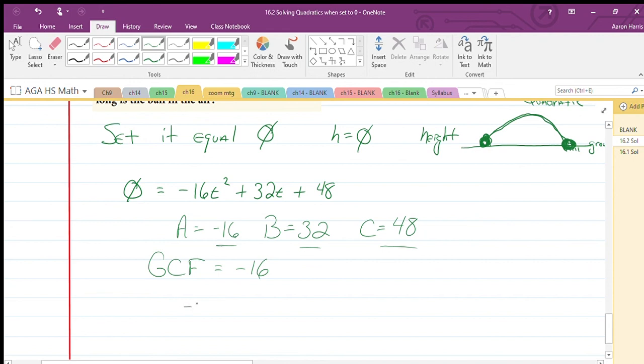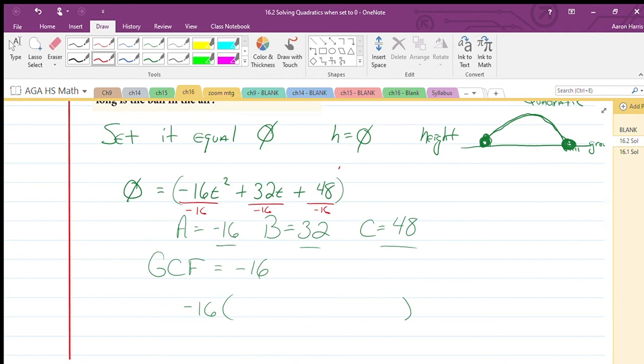So I put my negative 16 outside, put my parentheses, remember, finding GCF, here's my deal. And now I divide each one of these by what? Negative 16. Why can't I take out a t? Well, I only have a t in this one, t in this one. Do I have a t over here in the third one? No. So negative 16 is my GCF.